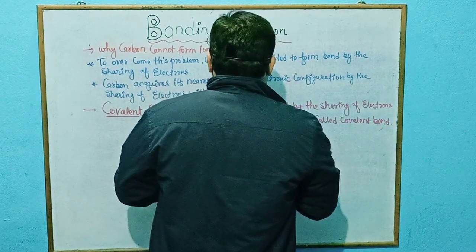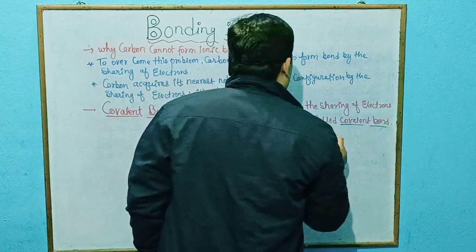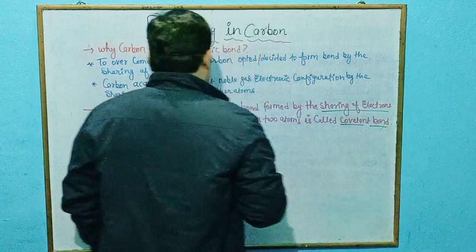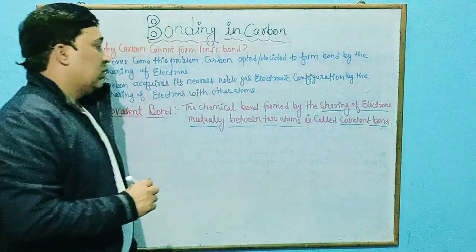So the covalent bond is formed by the sharing of electrons mutually between two atoms, right?